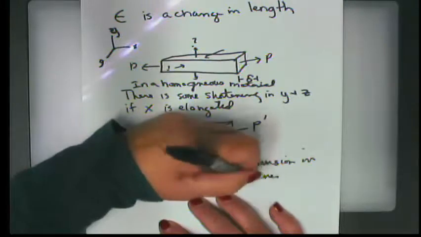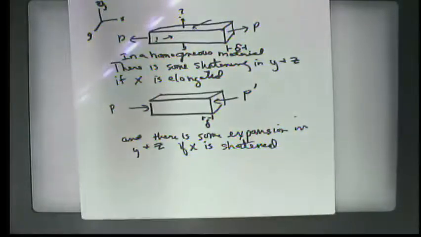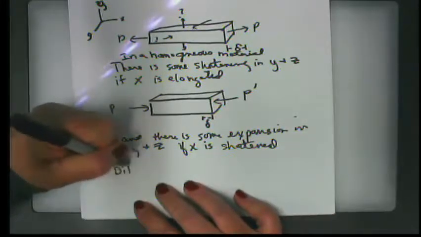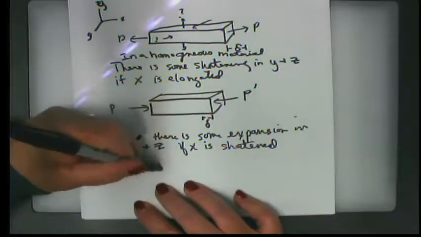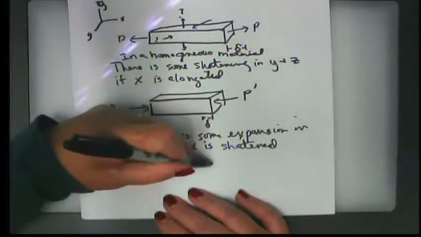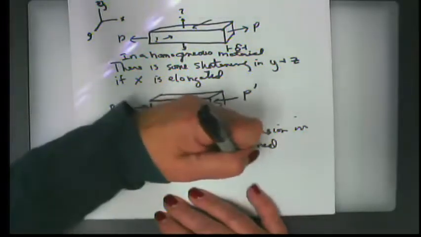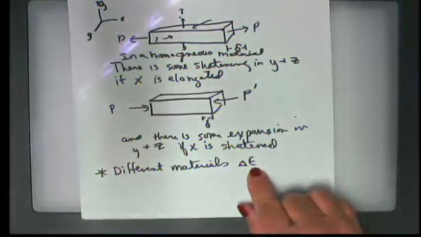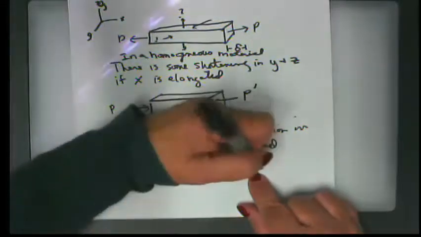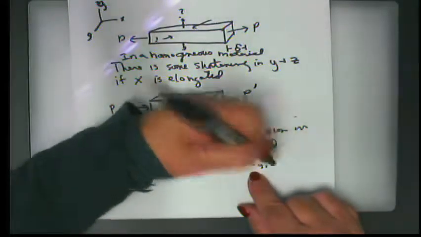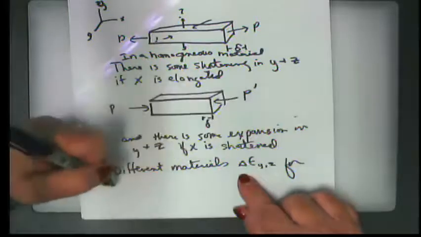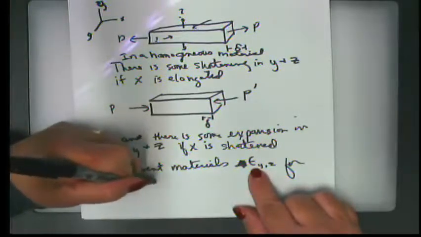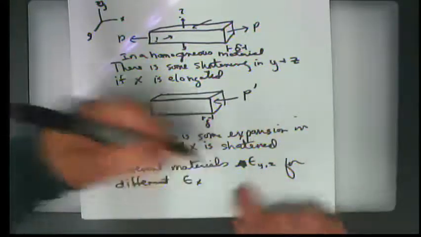Okay, and the idea of this, different materials behave differently. Different materials have this change in epsilon, or the change in the strain on the y and the z axis for different epsilons x.